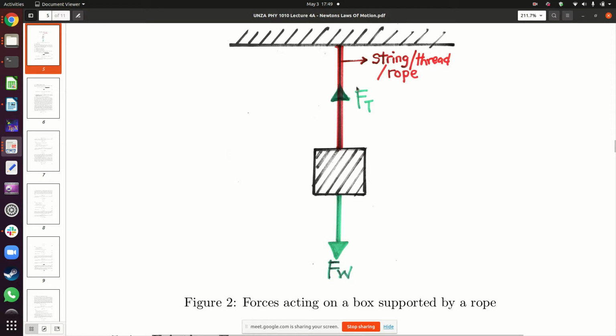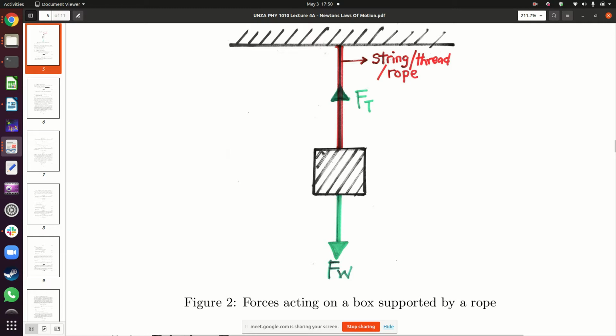This rope is supporting the object because it generates a force inside itself. That's called the tensile force. So the tensile force lives inside this rope. There are no other forces evident in this particular object because it's not moving in the horizontal direction. So if it's not moving in the horizontal direction, it means that there is no resultant force along the horizontal direction. The only forces present are in the vertical direction.